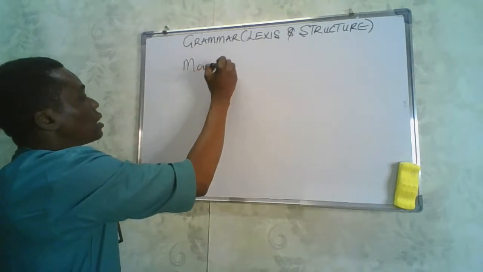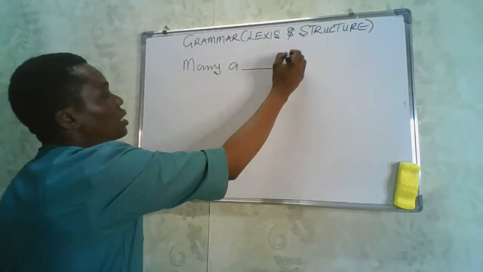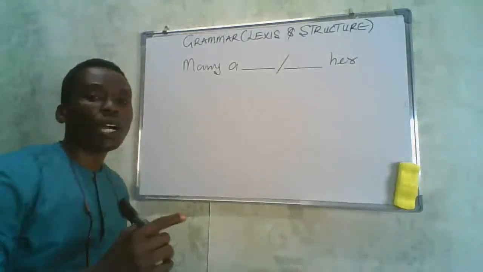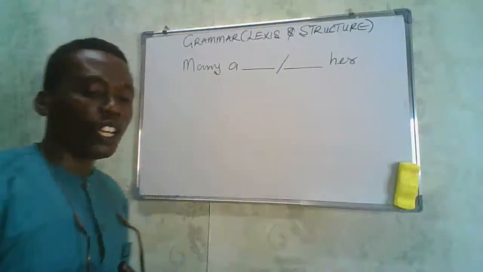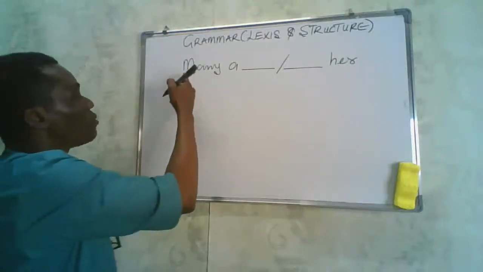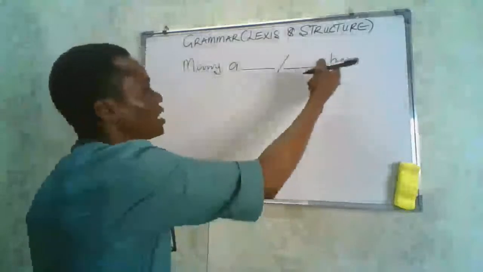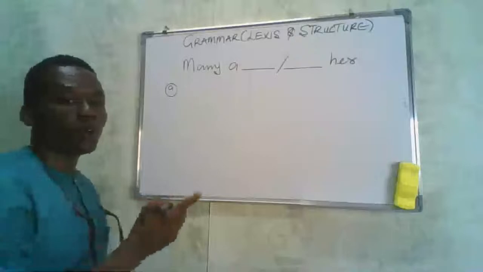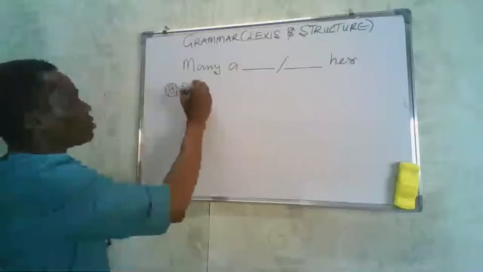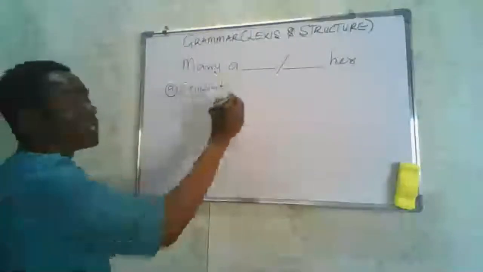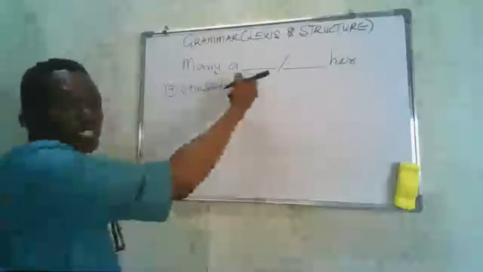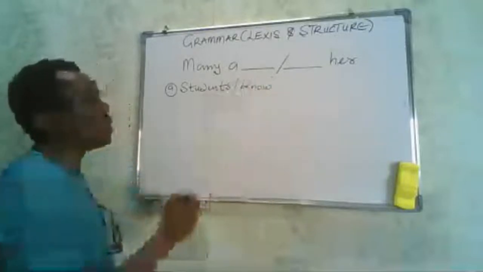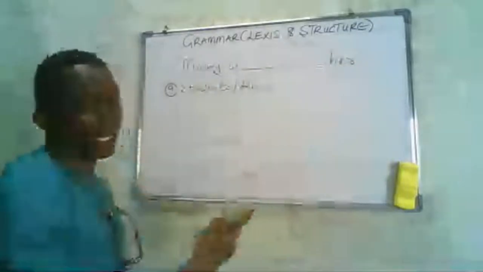Many a dash and dash have. Now look at this sentence very well. You have come to see that we have many a dash and dash have. Now, for option A of this question, we are giving the options: students, many a student, or no, many a student know her.